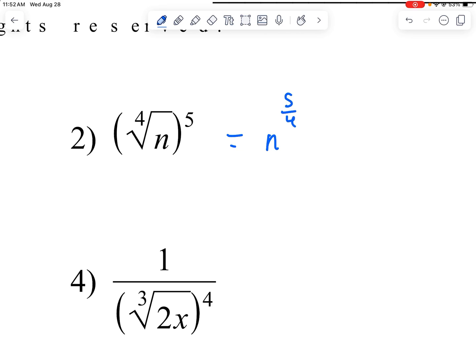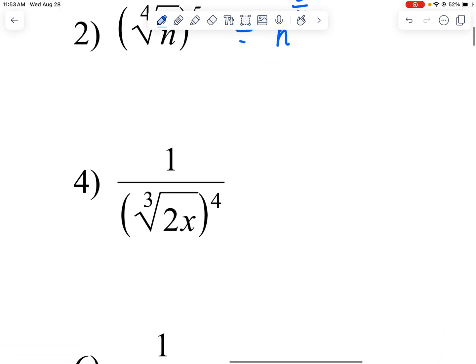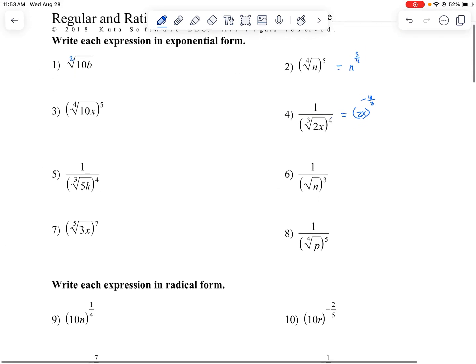You're just converting it to exponent form. If something's on the bottom, that means it's got a negative exponent. So you can have 2x to the 4/3, but I want this to be up on top, so we're going to make this a negative exponent. It's going to look like that. And that's what's going on in the first section.